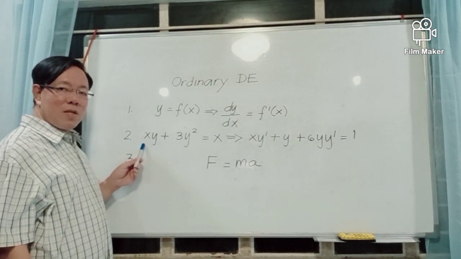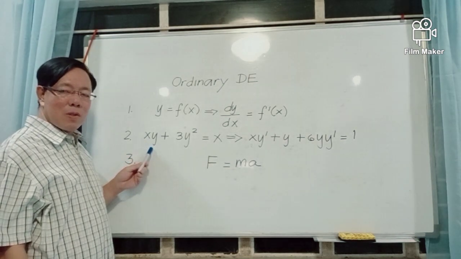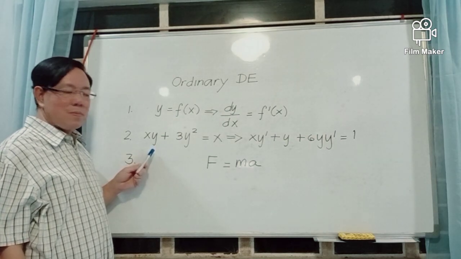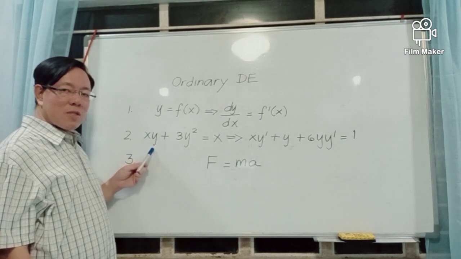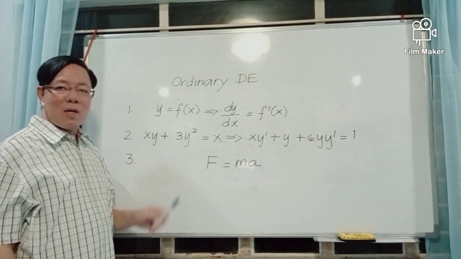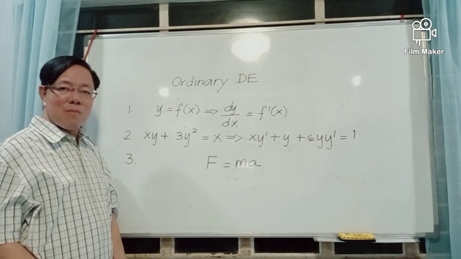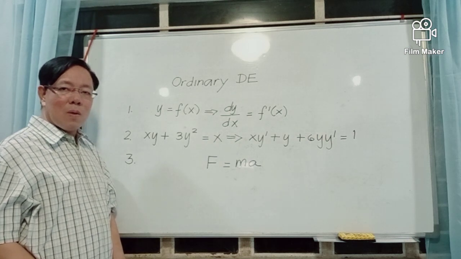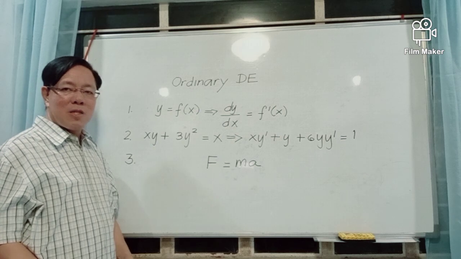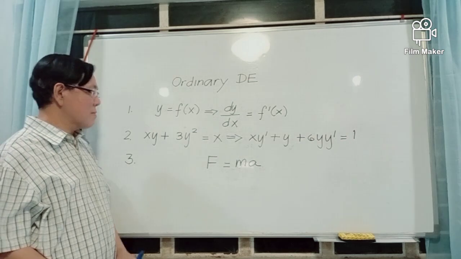To get the derivative of the first term, the product xy, we apply the product rule and implicit differentiation and chain rule. Before we get the derivative of xy, the thing that you should remember is, when you get the derivative of y or a function of y, you multiply it by y prime, by chain rule, because y is a function of x.